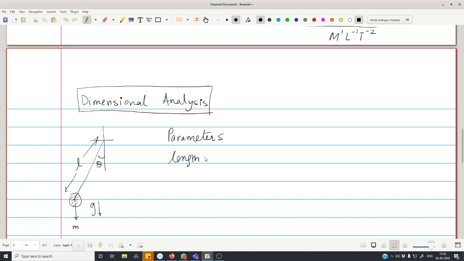Length of string, then the mass of bob, gravity, and of course the important parameter that I want to find out is the time of oscillation, right? So let us write down the dimensions of all these quantities.